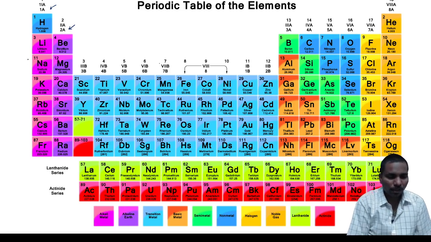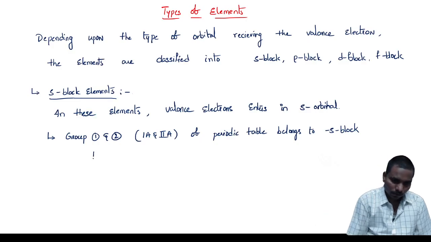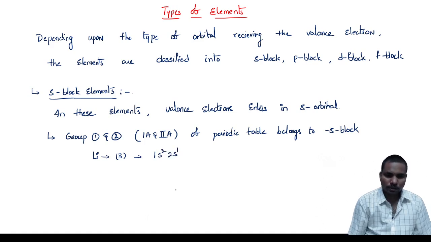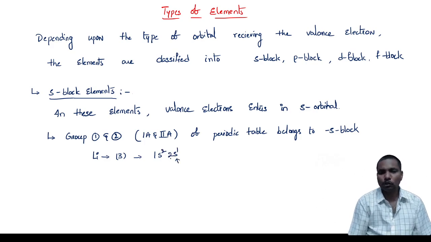For example, if you take lithium, atomic number is 3. So 1s2, 2s1. What is the valence electron? This is the valence electron, in the outermost orbit. Second is the outermost orbit. In that, how many valence electrons are there? 1. So that valence electron enters which orbital? S orbital. So that block is considered as S block.